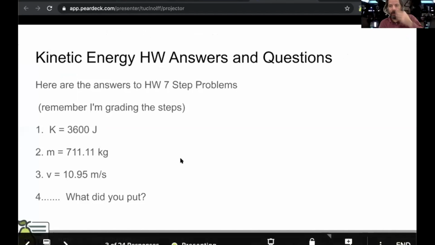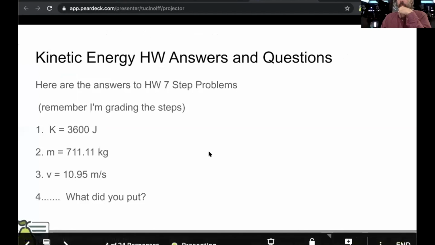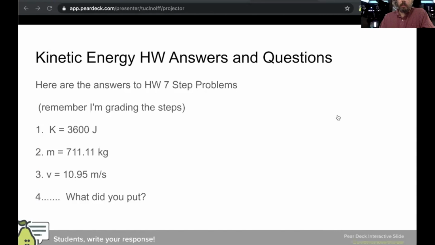Put that in the Pear Deck. These are the answers to 4.3.3, the last 4 questions. If you are getting the answers wrong, make sure that you are substituting correctly and doing your algebra correctly. Mainly right now in the Pear Deck, I really want to see, what did you put for number 4?